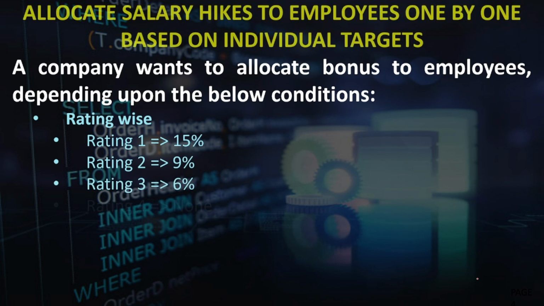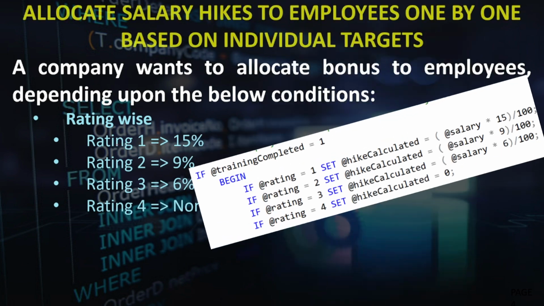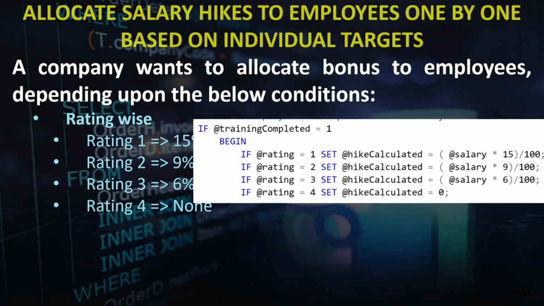Likewise, you'll get rating 3 and rating 4. There is no rating 5 for this company. So the company gives a hike: if somebody has got rating 1, then 15%, rating 2, then 9%, rating 3, then 6%, and rating 4, then there is no hike.